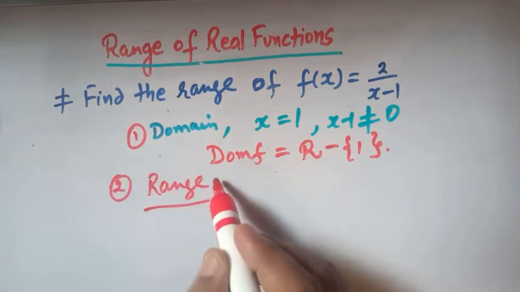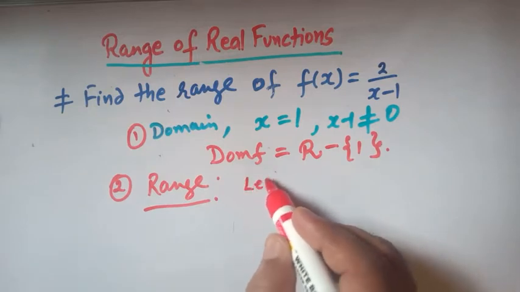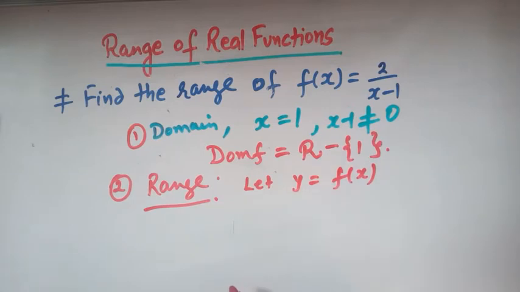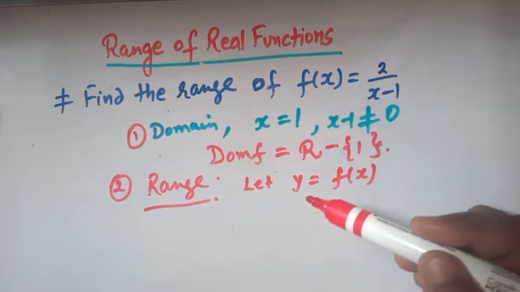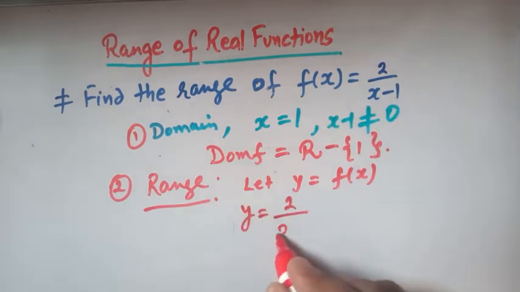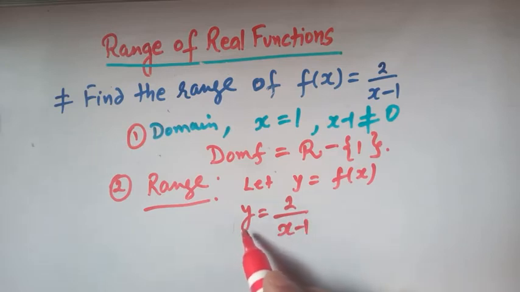Clear? For the range we will follow an algorithm. Let us first let y equal f(x). This is the first step of the algorithm. So we assume this function f(x) as y, so y is equal to 2 over x minus 1. Now let us solve this equation for x, our aim is to find the value of x in terms of y.